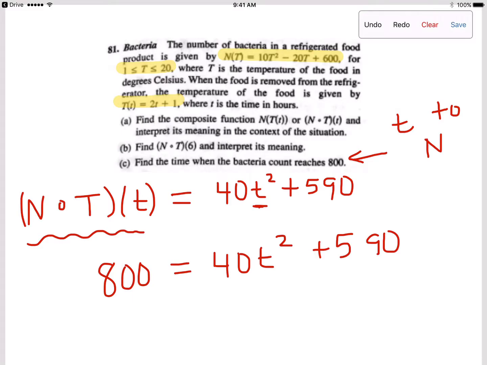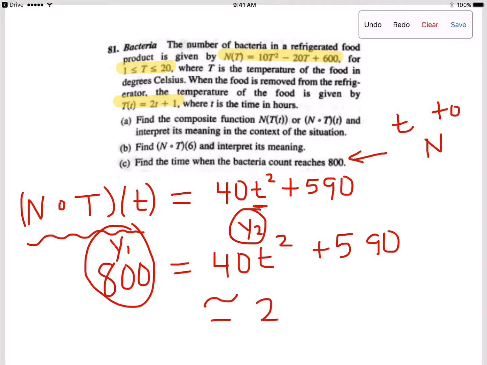The second method would be, in your calculator, put 800 in for y1, for y2, put in 40t squared plus 590, and then solve the intersection. When you would do that, either method, you would come up with approximately 2.3 hours. After 2.3 hours, there would be approximately 800 bacteria.